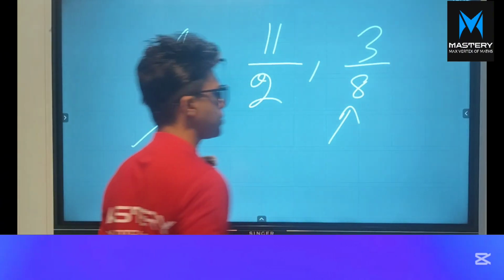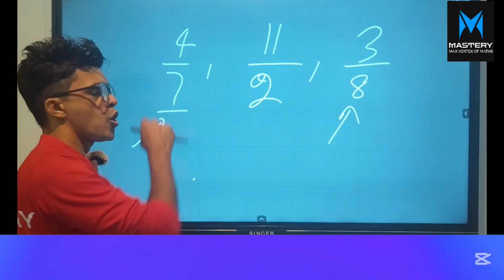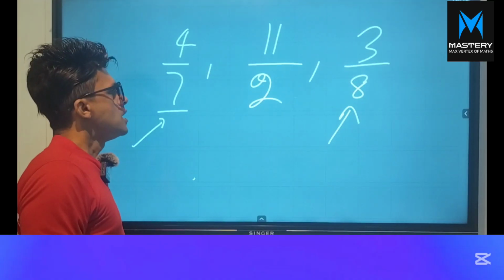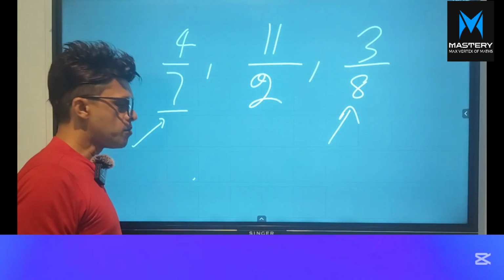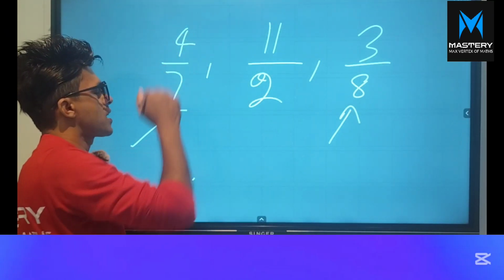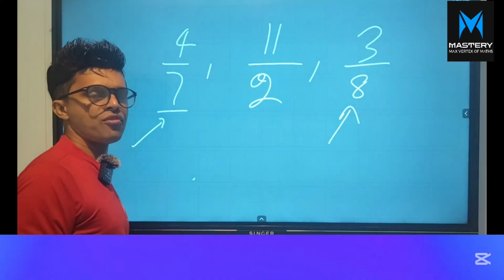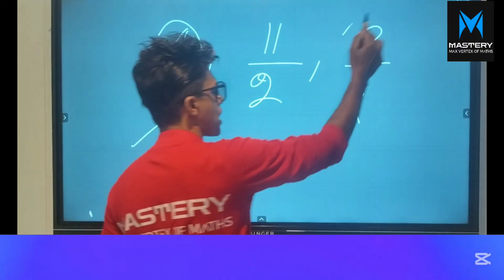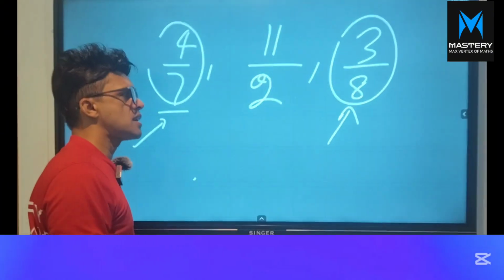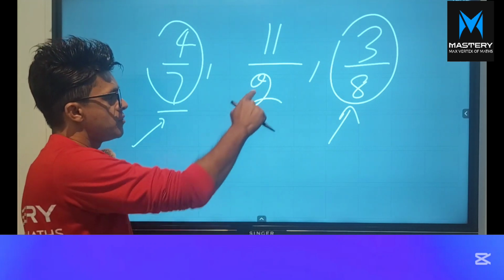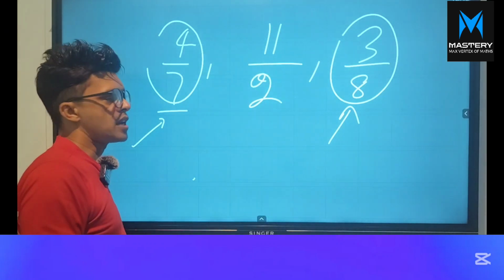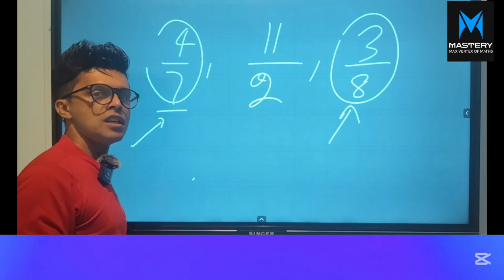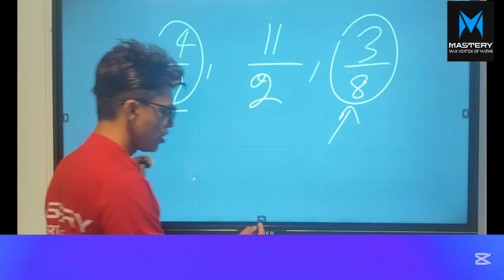The reason is the denominator is greater than the numerator. I mean, here 7 is greater than 4, 8 is greater than 3. Therefore, these two fractions can be considered proper fractions, but this cannot be taken as a proper fraction. I will be teaching you about this type of fraction later.